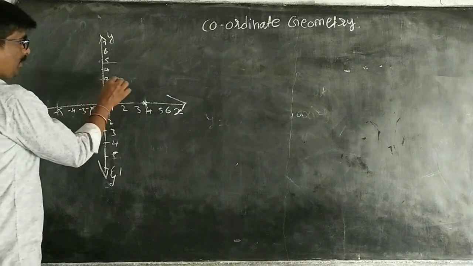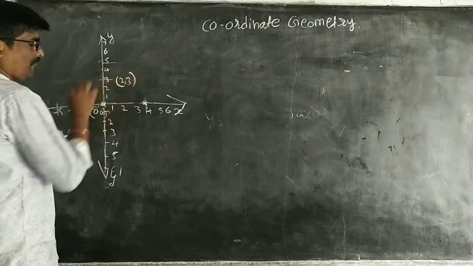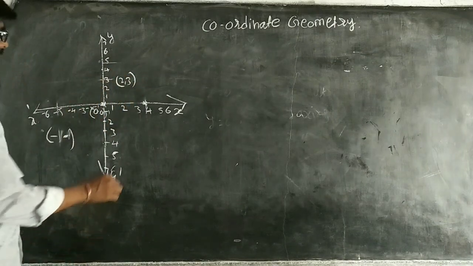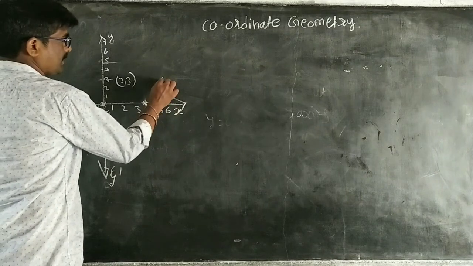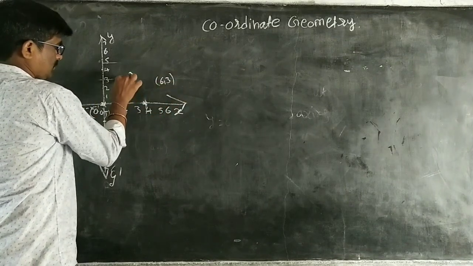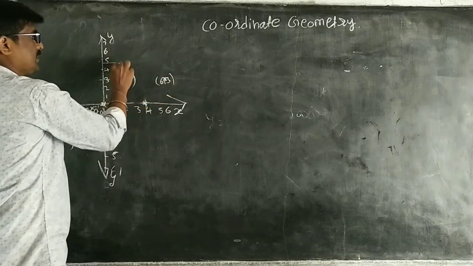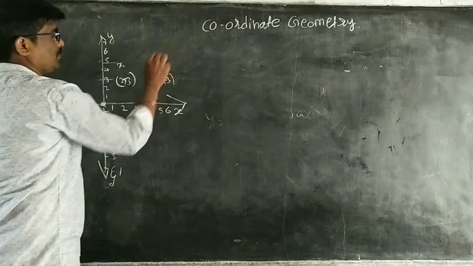Here I am taking this point 2, 3. Here also the same, 6, 3. So the distance between these 2 points, this is x1, this is x2.